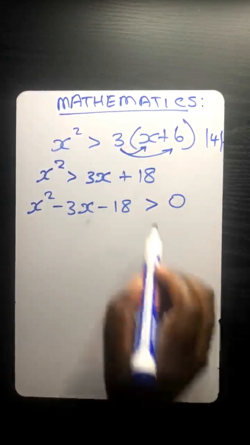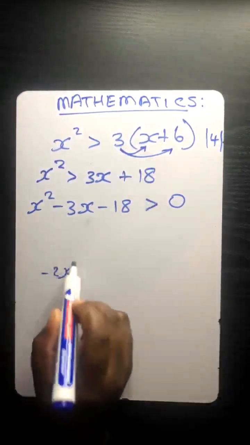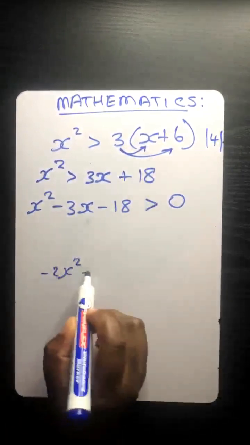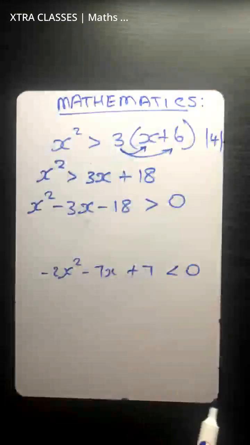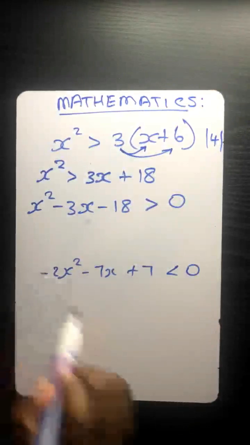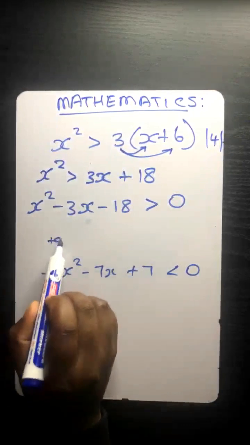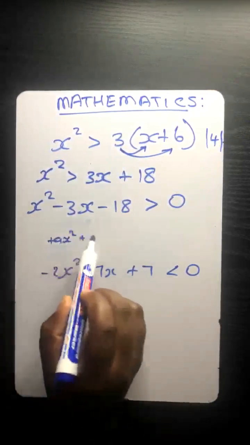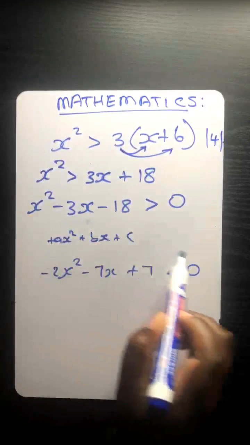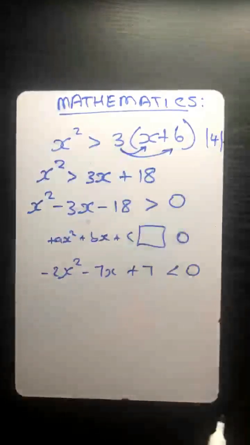In which cases does that change a sign? That's if, for example, maybe you're having negative 2x squared minus 7x plus 7, let's say less than 0. Only if you need to remove that negative, because now it's not in the standard form. Remember, it's in the standard form when you have positive ax squared, whatever sign bx, whatever sign c, doesn't matter what the sign is there, and then everything must be equal to 0.